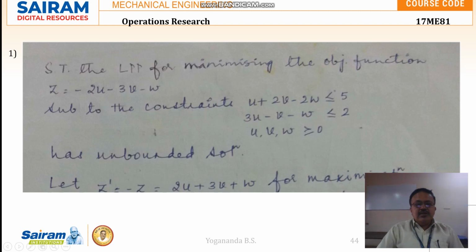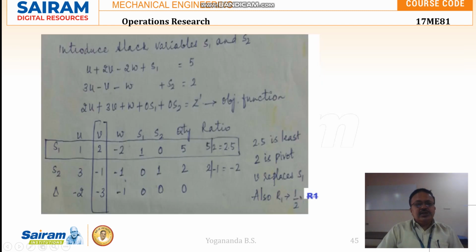Since it is a minimization problem, first we'll convert it into maximization, that is the standard form. Let z dash be equal to minus of z. So that is multiplying this objective function by minus sign. So it becomes plus 2u plus 3v plus w for maximization.